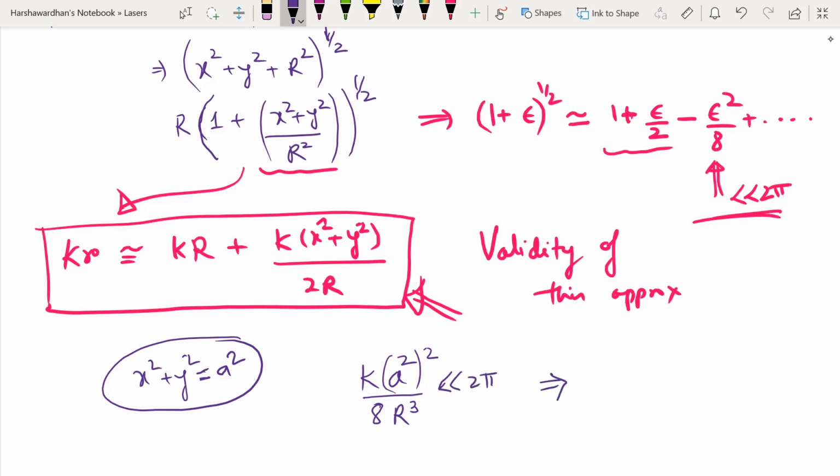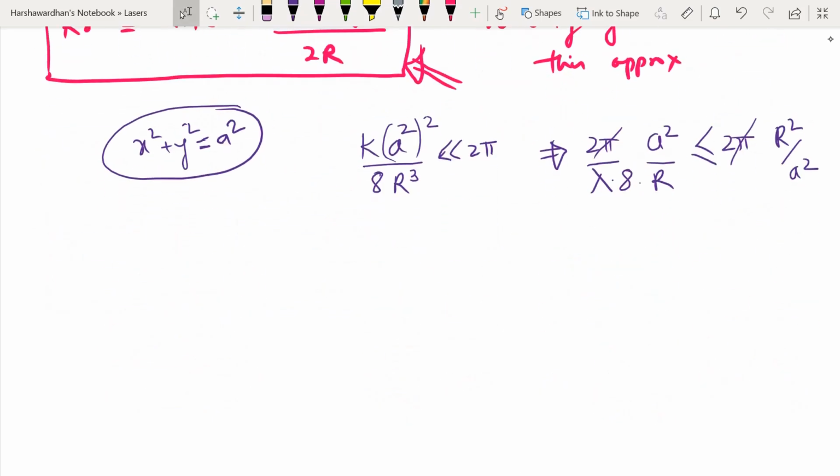So if you expand your 2 pi by lambda, that is my k, and there's a factor of r, I can write this as a square less than or equal to 2 pi times r square by a square. So that gives me the regime of validity.